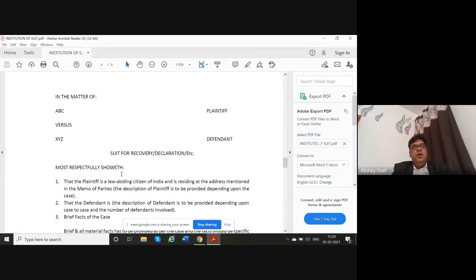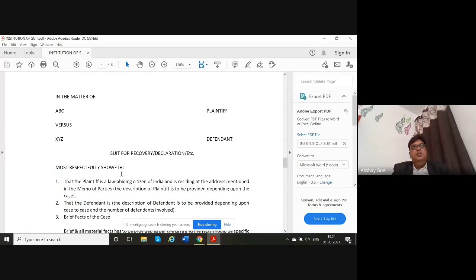The second point is the description of the defendant. You need to mention who all are the defendants in your particular suit and what role that particular defendant has in the case. For example, if the case is against a particular company and you are making the director of that company a party, you mention that defendant number 1 is a company registered under the Companies Act 2013 and has a registered office at that particular address.